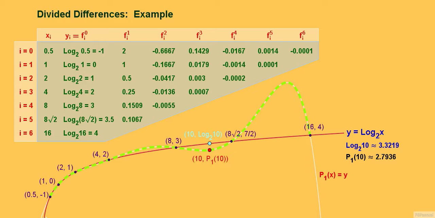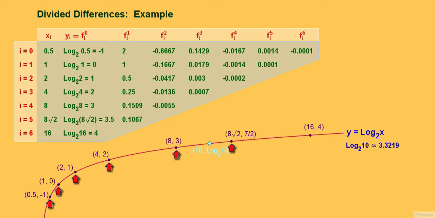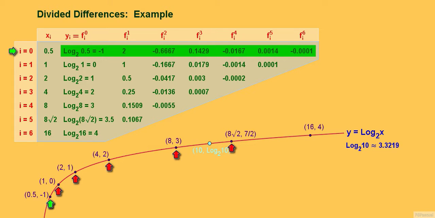The second polynomial, and there will be 5 of these, will use the points from 0.5 to 8 times the square root of 2. The starting x value is still x equals 0.5, so we will use the first row again to generate this polynomial.